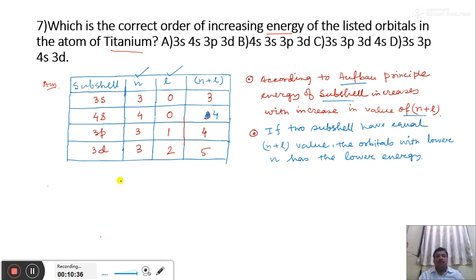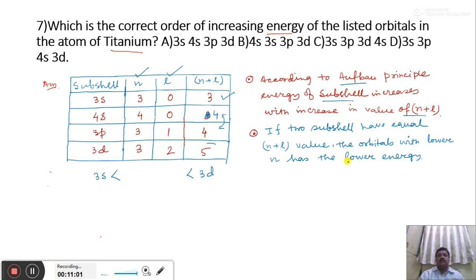So, according to the Aufbau principle, the lowest energy is 3s. The energy of the 3s subshell is less. The highest energy is for the 3d subshell, whose n plus l value is 5. In between, the 4s and 3p subshells both have n plus l equal to 4.